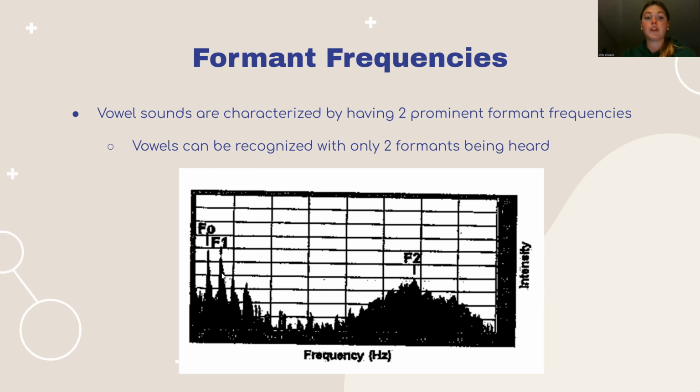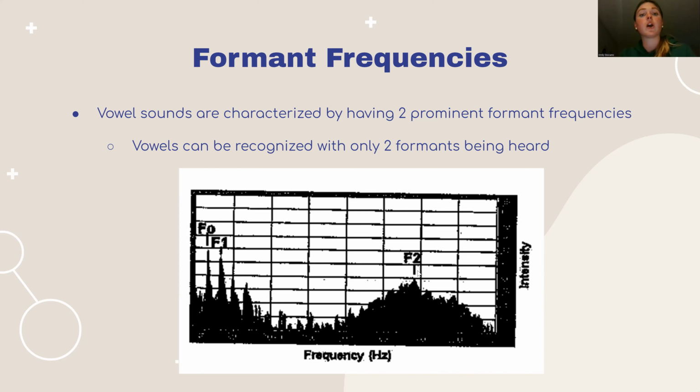Intensity is on this axis here, and you can see that F2 and F1 are the other two frequencies where there is a lot of energy. There is a lot of volume behind those two, because the way this person's mouth is shaped when they're saying this sound is causing specific resonance at formant 1 and formant 2.